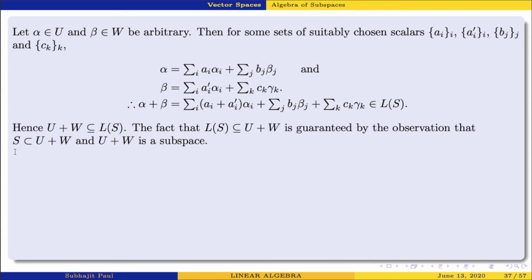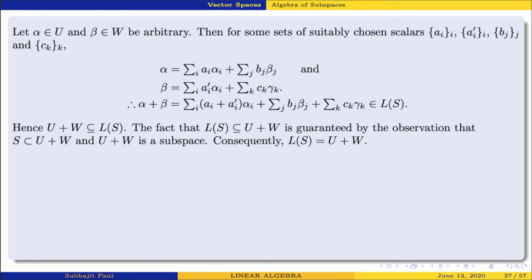So every vector in S is contained in U plus W, and U plus W is a subspace. So this implies the linear span of S is also in U plus W. Therefore U plus W equals the linear span of S. So S generates the subspace U plus W. So we have proved one part. Next we will show that S is linearly independent.